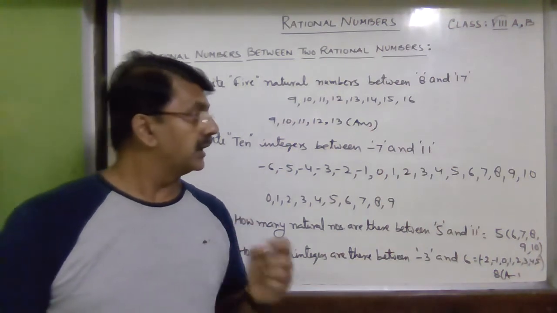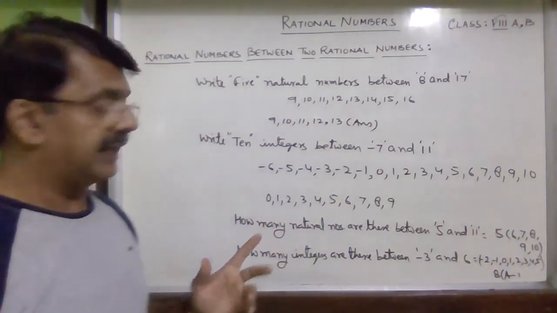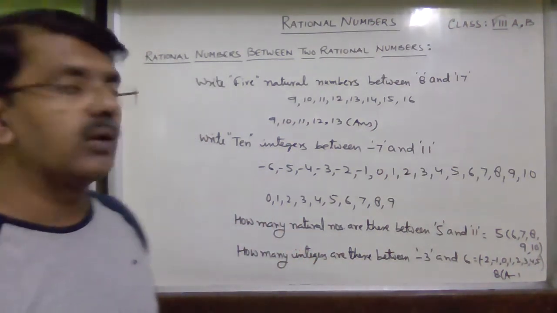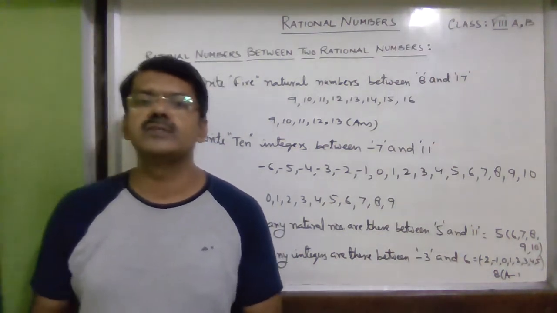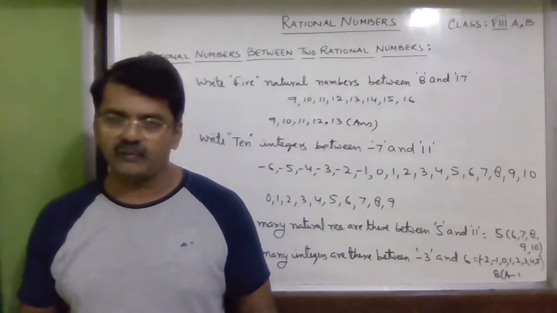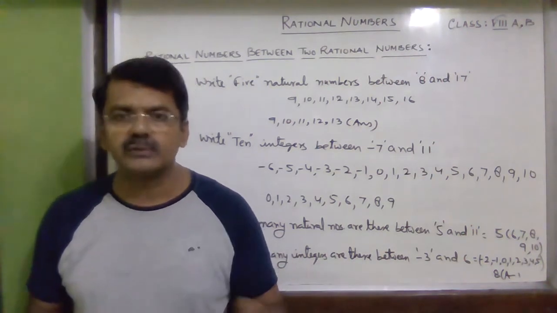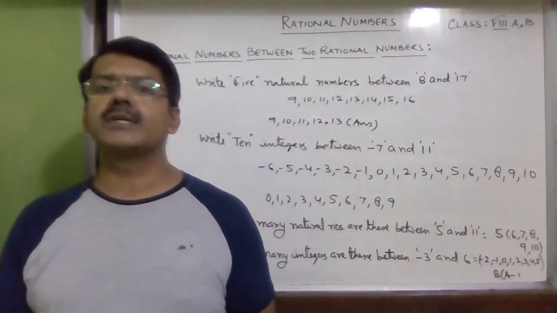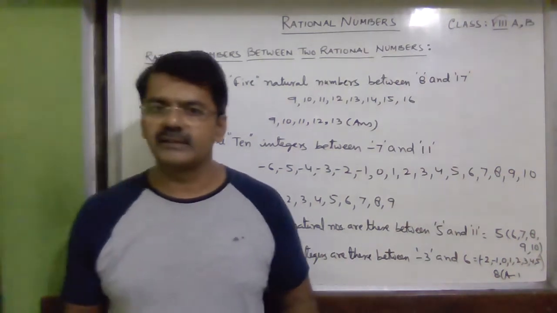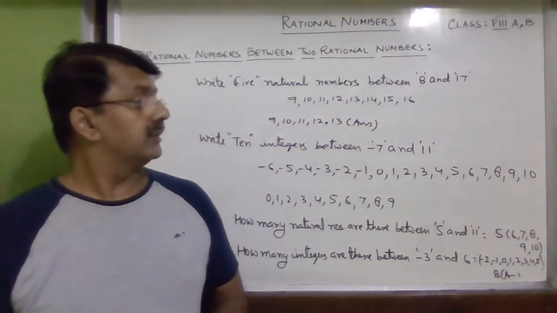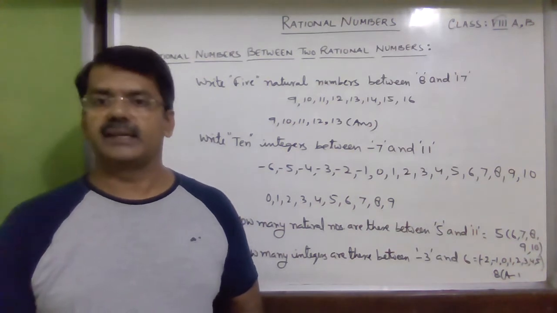Now, if I ask you how many whole numbers are there between 0 and 1, obviously your answer will be none, because after 0 the next whole number is 1. But what about rational numbers?